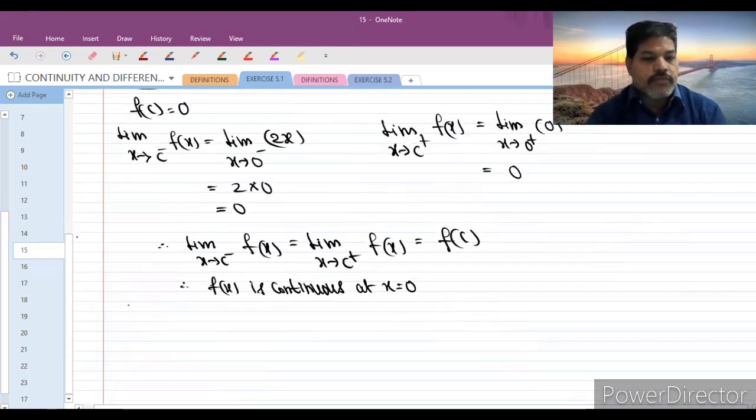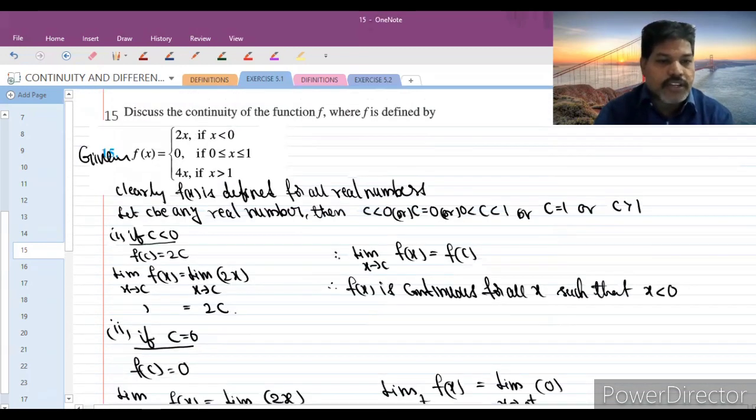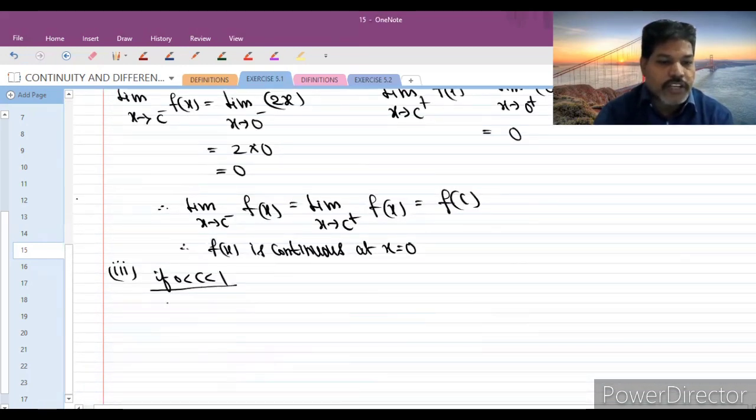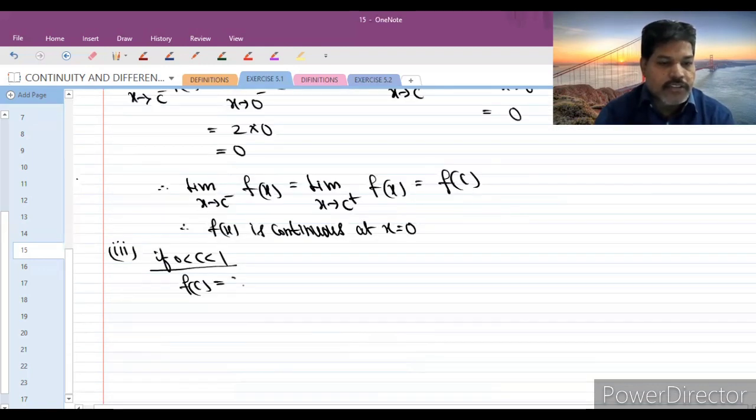For the third case, if 0 is less than c less than 1, then what happens? What is f of c? For 0 less than c less than 1, f of x value is 0, so automatically this value is also 0.